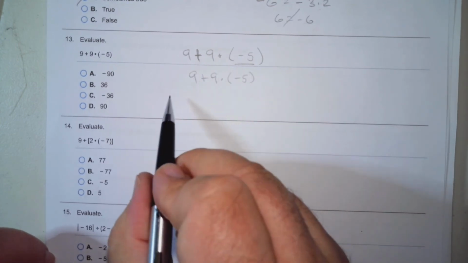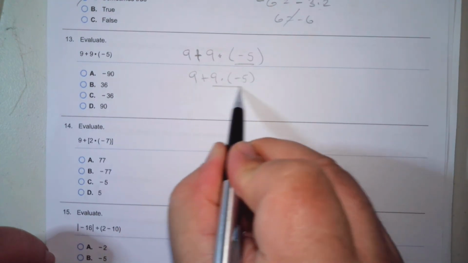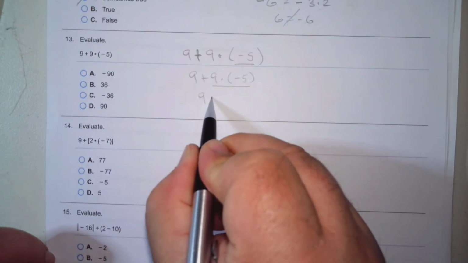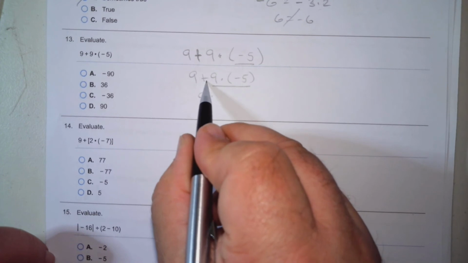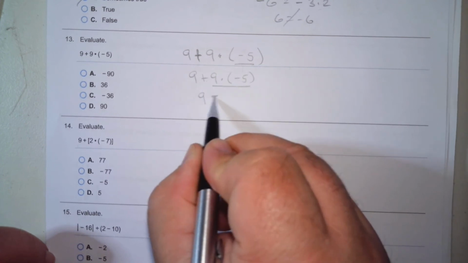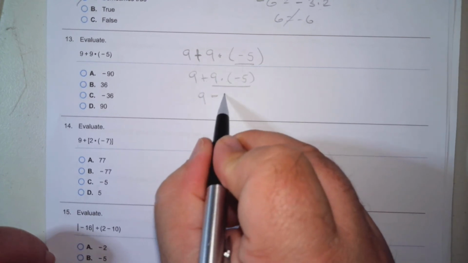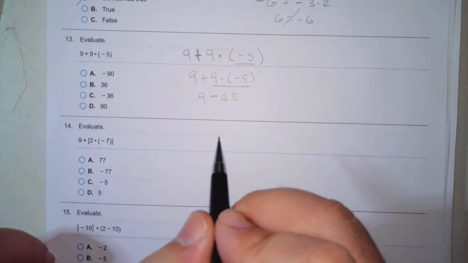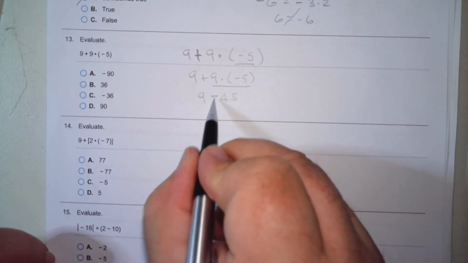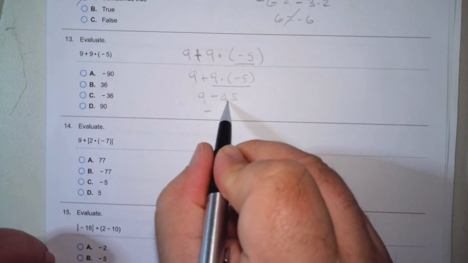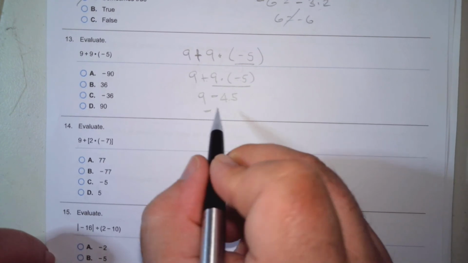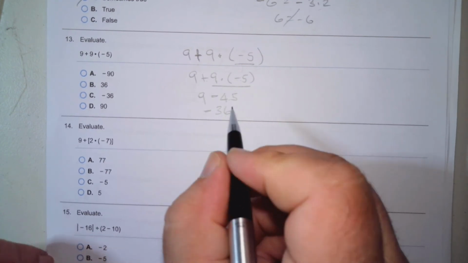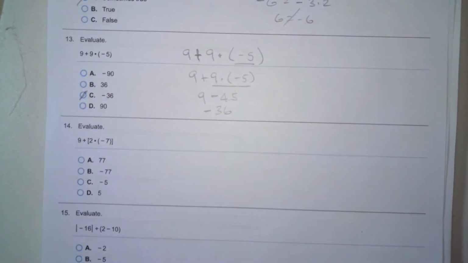So, are there any multiplication or divisions? Yep. Right here. Positive times a negative is a negative. 9 times 5 is 45. 45 is bigger than 9, the answer is negative. So now we subtract them. 45 minus 9 is 36. So the answer is negative 36.